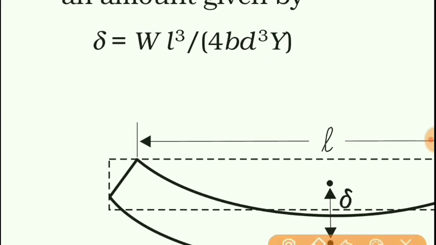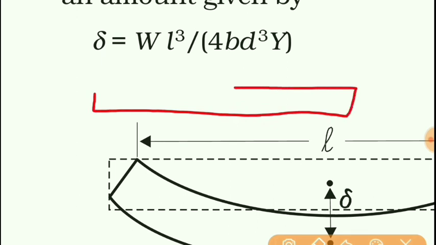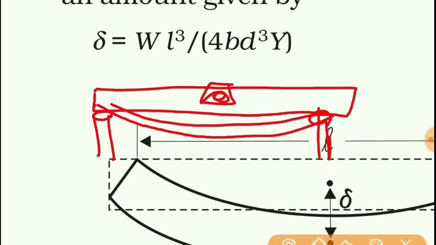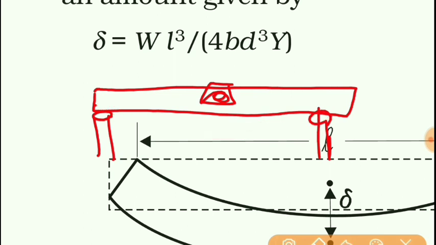For example, if you take a plain sheet of metal, if you put a support here and if you put some load here, then what will happen? This plain sheet will bend. So what can you do to reduce the bending? You can increase the thickness of this plate.